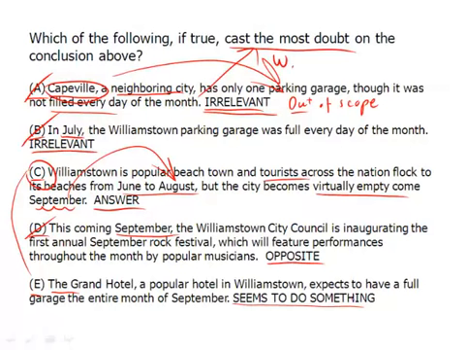Well, it's a popular hotel. And in September, it says our parking lot's going to be filled. So it's in the right city. But wait a second. A general parking lot and a hotel parking lot are two very different things. Maybe the Grand Hotel's parking lot is filled every day of the year. We don't know. But just because something is true for a hotel parking lot doesn't mean it's true for another parking lot. And therefore, this does not help us out at all. And the answer is C.